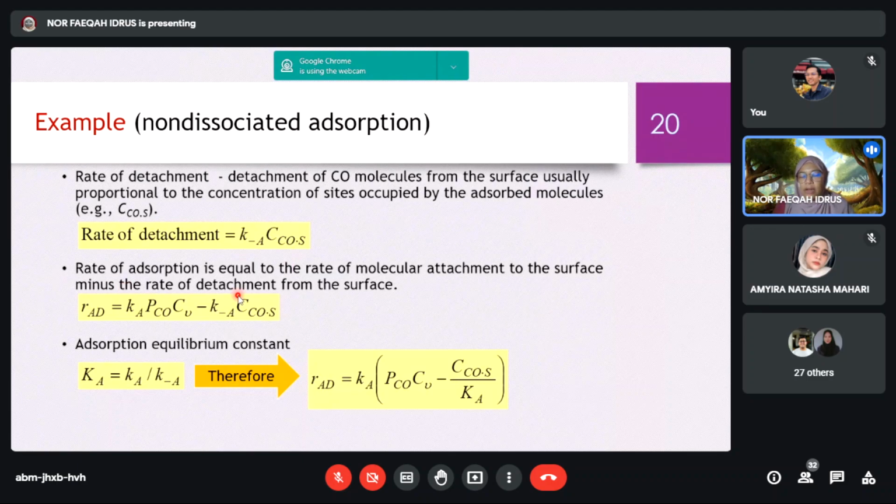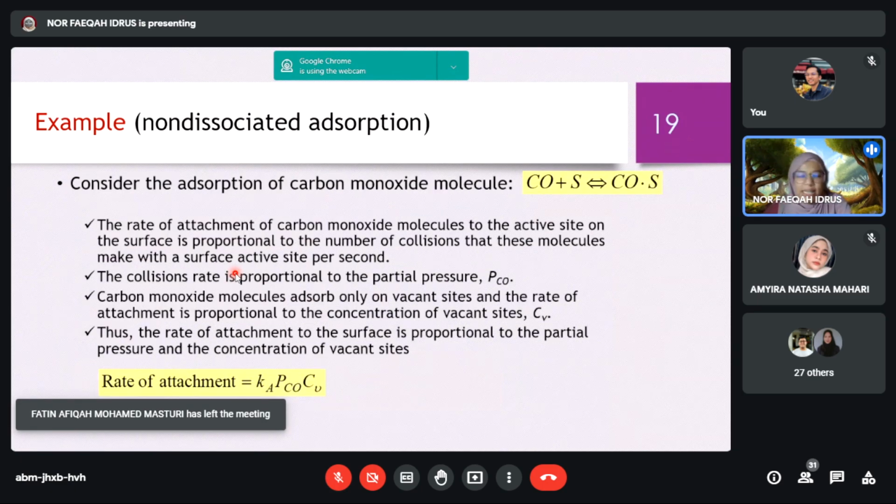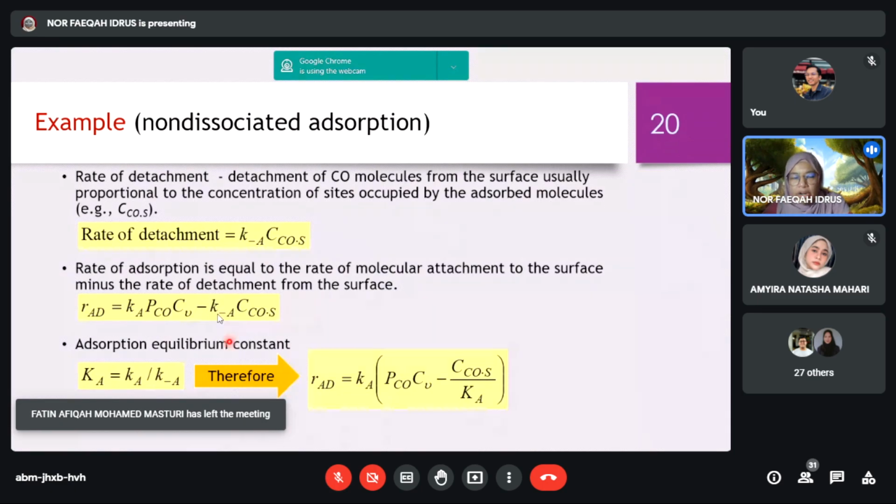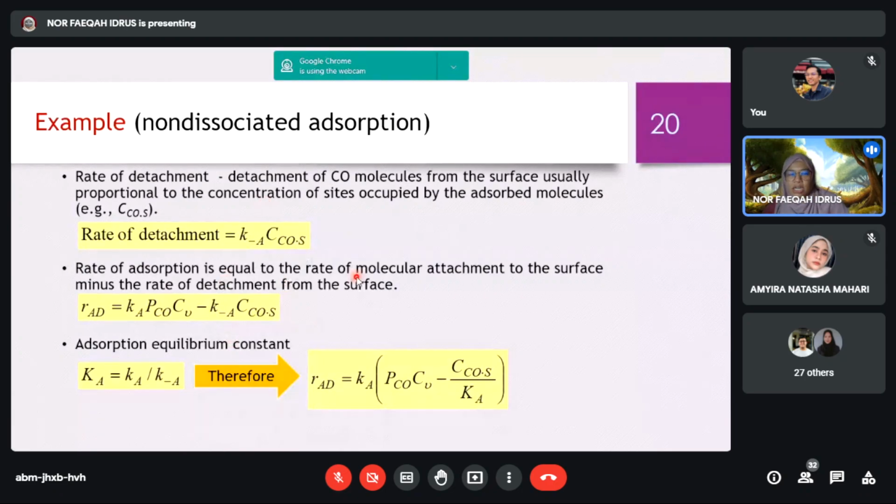But when you solve the question, there is no need to write the rate of attachment equal to the rate of detachment. This is just to remind or refresh on how to write the rate law equation for a reversible reaction. Usually, to answer the question, just directly write the net rate of adsorption.